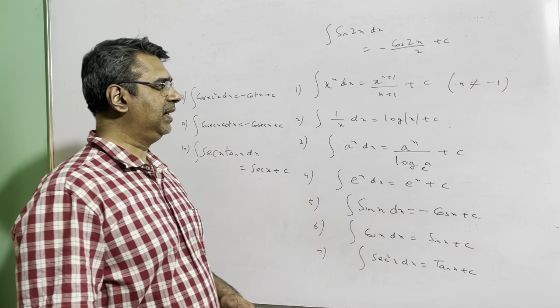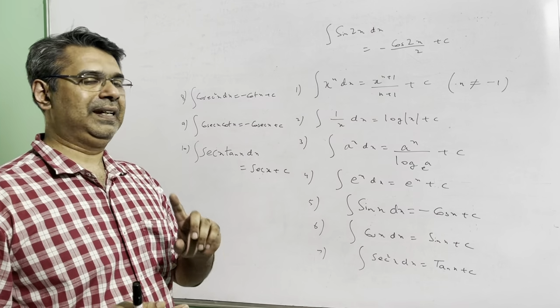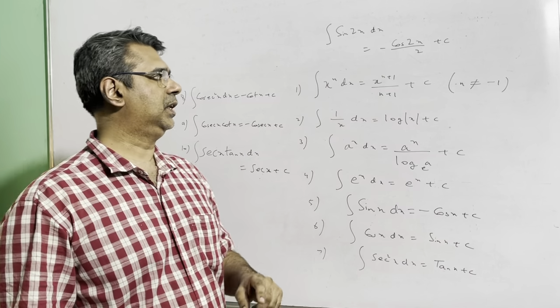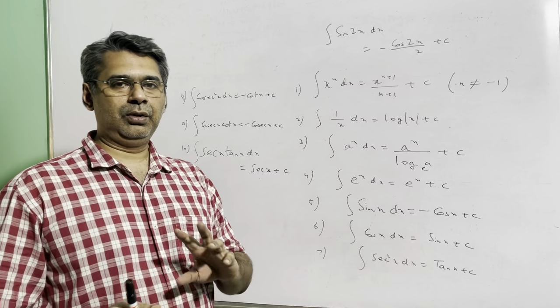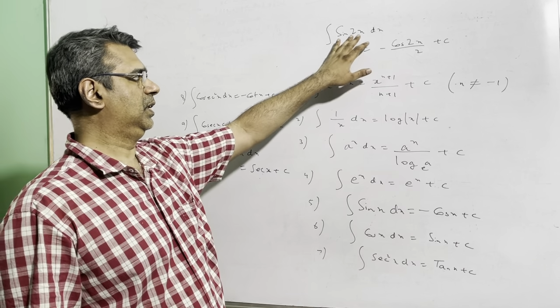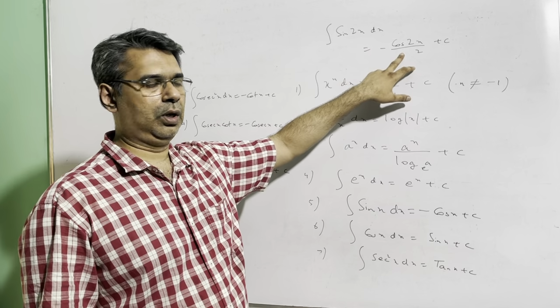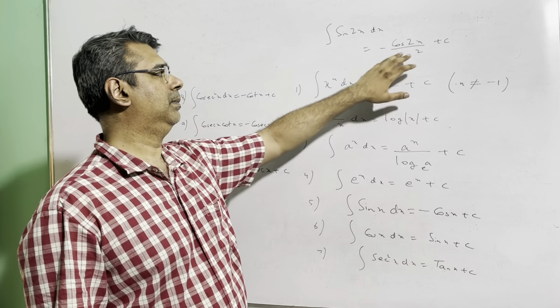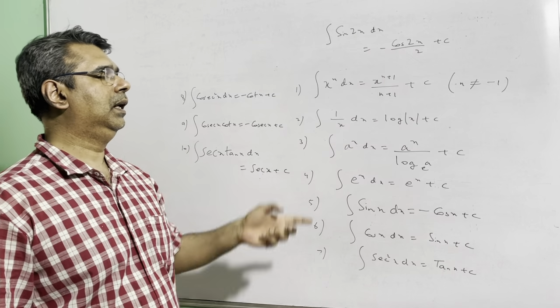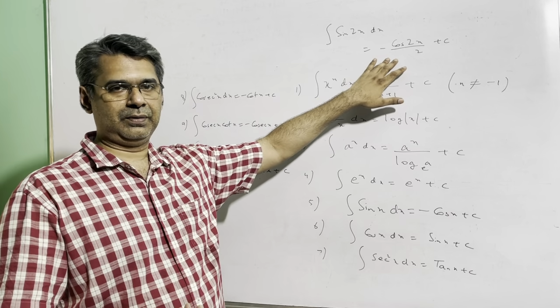So this technique we had discussed the last day, that just like integration is the reverse of differentiation, even the chain rule of differentiation has a corresponding reverse. So integration sine 2x, because it is sine, the answer will be minus cos, but it is 2x, so it will be by 2. In chain rule of differentiation we used to do the exact opposite of this.